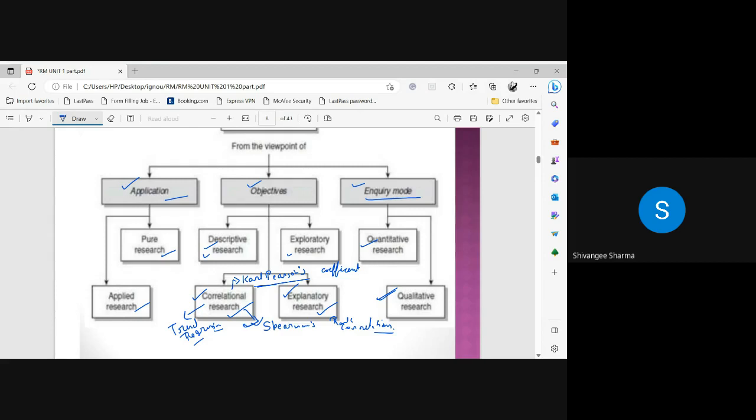If you are analyzing a phenomenon in which you are using explanation and also deriving some quantitative analysis, then your research will be a combination. So 100% classification of any research isn't possible, but these are simple classifications, and on the basis of the nature of your research, you can identify whether it belongs to application, objectives, or inquiry mode. I hope all these types of research are clear to everyone.